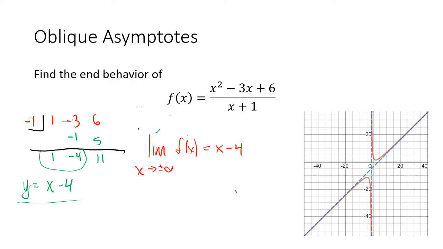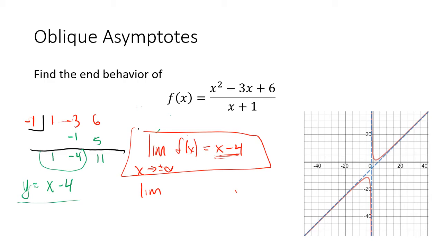And this is kind of right. However, we can know the limit of x minus 4. This is just an odd degree polynomial with a positive leading coefficient, and so the end behavior of this is two different statements. This is acceptable. Some teachers will let you do that.